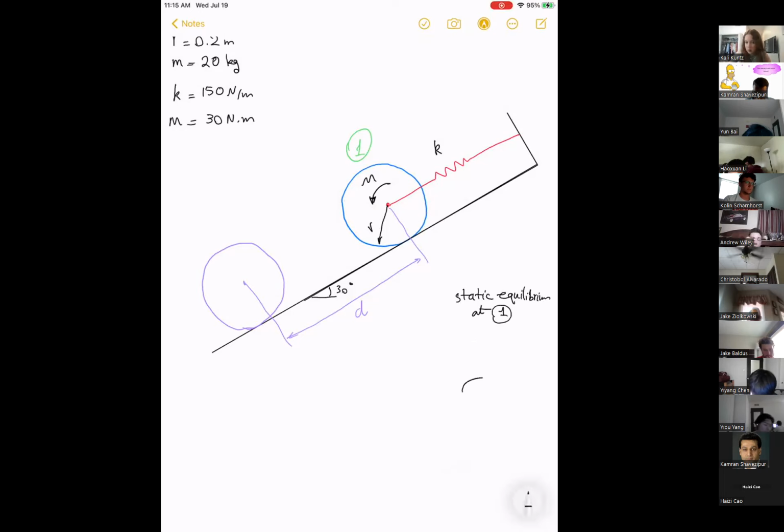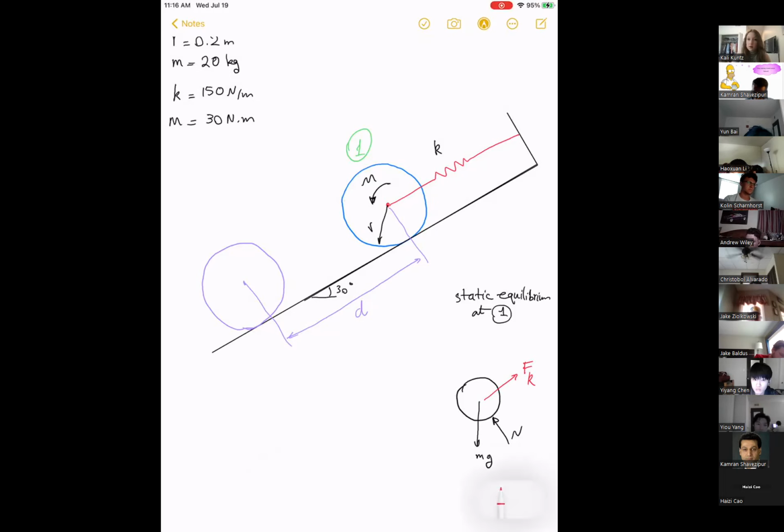This is the disk. You're going to have mg. You're going to have normal force. And you're going to have the force of spring, right? Do you have any other force? It's sitting there. It doesn't try to move, so friction doesn't get involved.